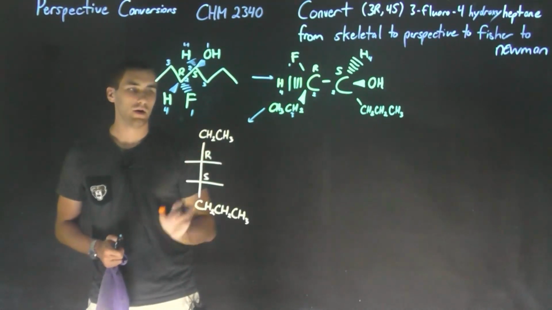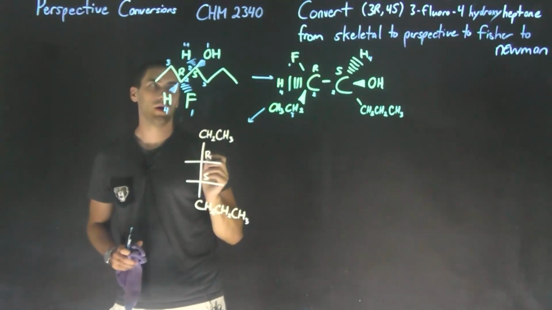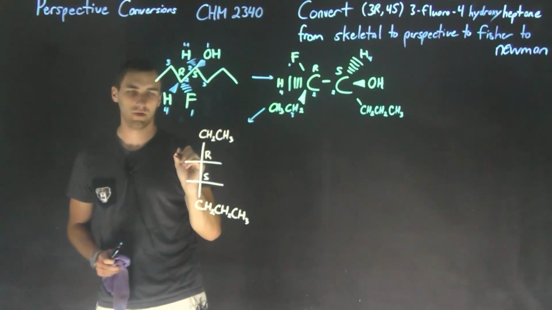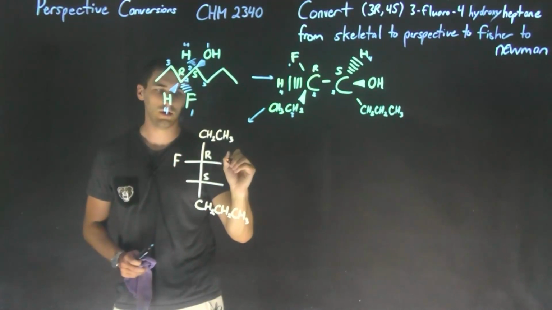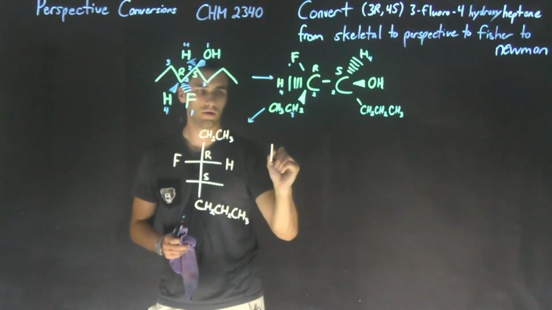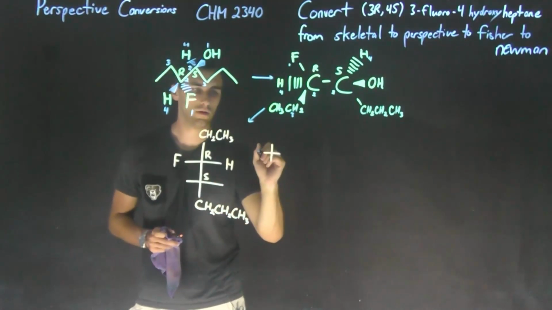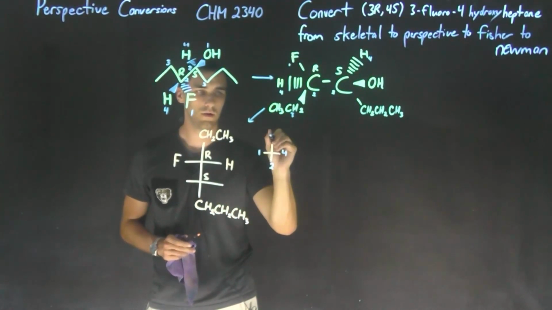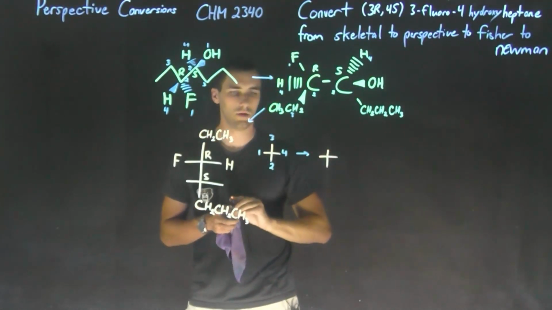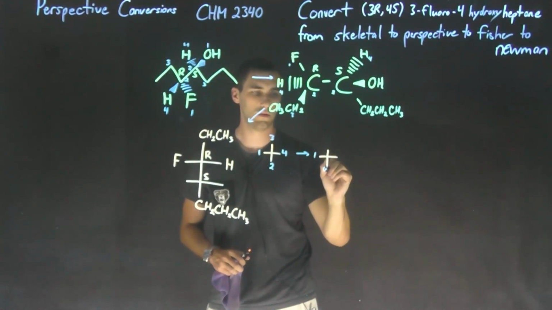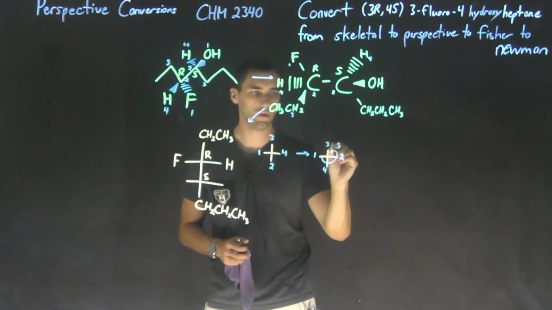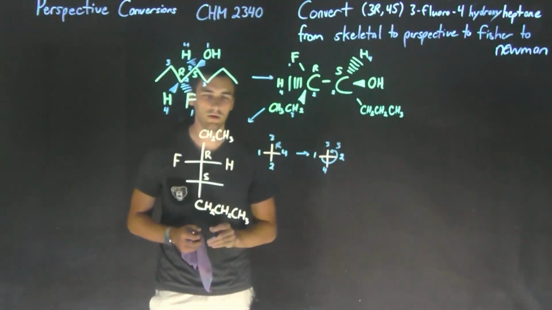So to get this to be R, we can do a guess and check where we can put the fluorine here or the fluorine here. I will guess and put the fluorine here, and then the hydrogen here. I'll now check that. That is correct.